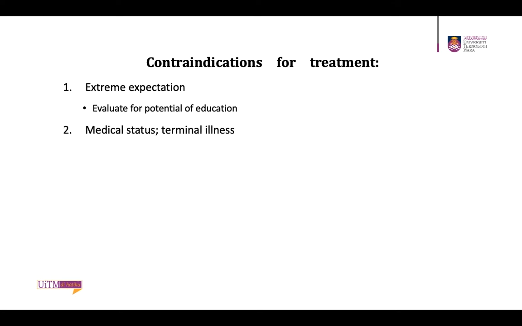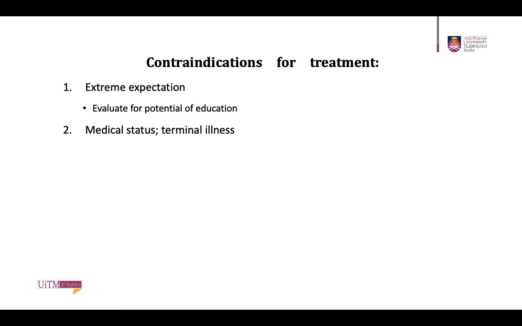Maybe patients who are terminally ill. Sometimes you will see these patients when you go to your hospital attachment. They will come to you with terminal stage cancer, and they tell you that they have difficulty eating because they don't have teeth. But you have to think again. Do you really want the patient to go through all the hassle of making dentures?